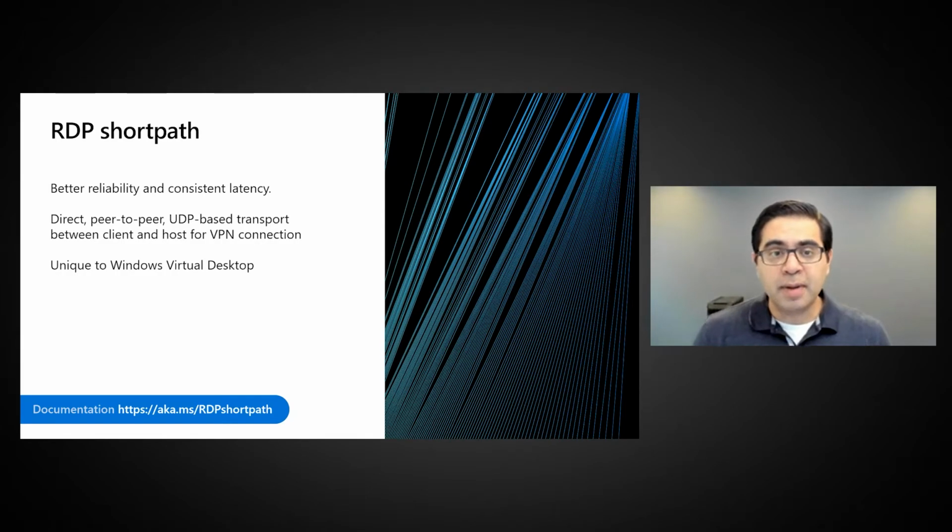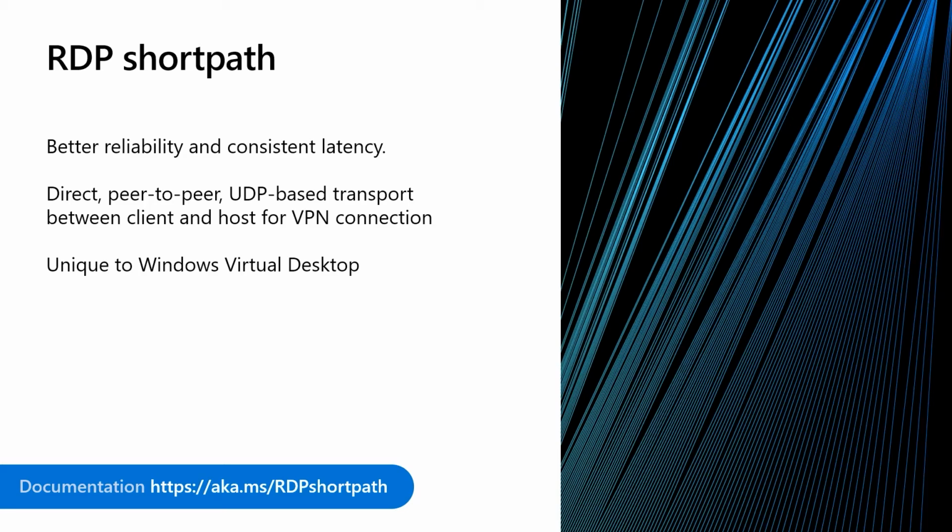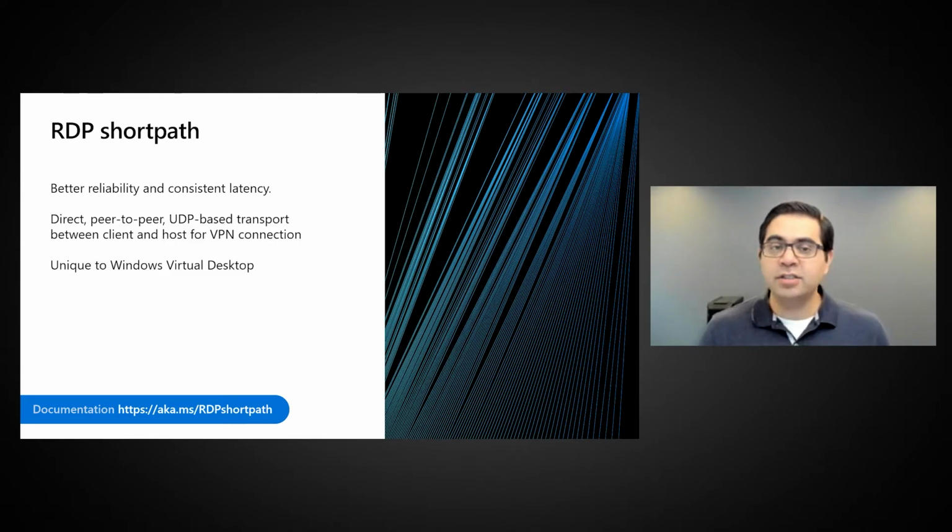With RDP Short Path, we really improve the responsiveness in the user experience for customers that are connecting to their environment using a VPN connection. And this is great for advanced scenarios like using engineering applications or design applications. We've heard from customers that have seen round trip times improve from 30 milliseconds down to 10 milliseconds when they deploy RDP Short Path. So a real win from a responsiveness and latency perspective.